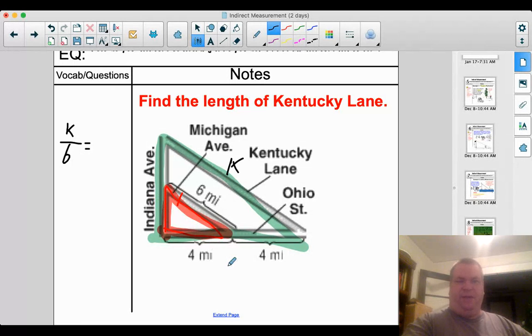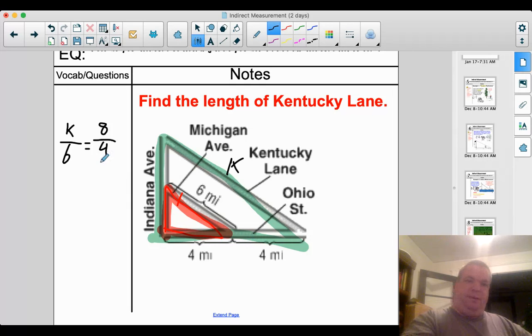I do know the bottom, but we want to be real careful here. K is the big green triangle. The bottom part of this big green triangle is not 4. This is 8 miles, right? Because this is 4 and this is 4, so you have to add those together to get 8. On the small triangle, the bottom side is 4. So you've got to be real careful here.